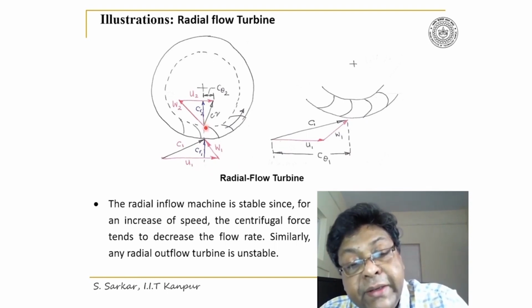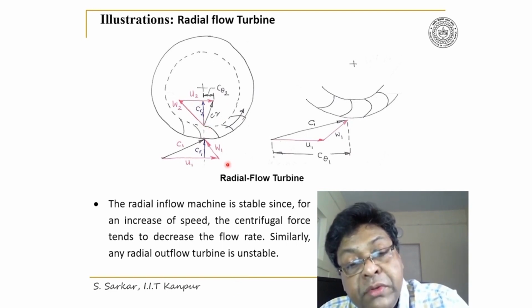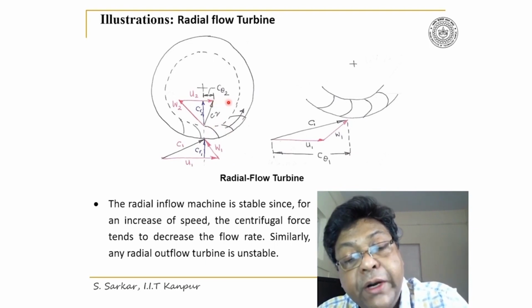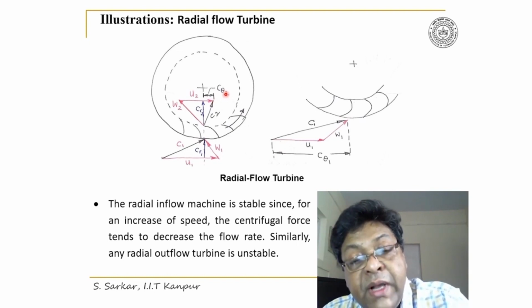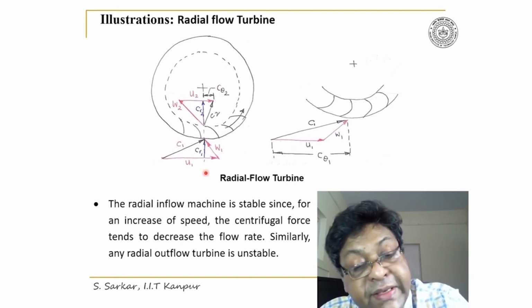At exit W2, U2 would be equal to C2. And the radial component is CR2. And tangential component of C2 is C theta 2. And similarly, tangential component of C1 at inlet is C theta 1.